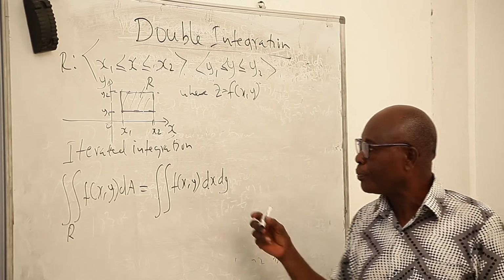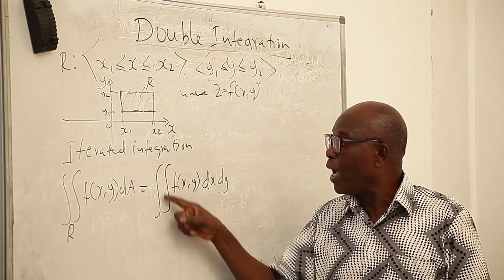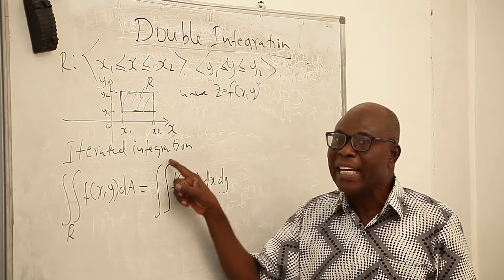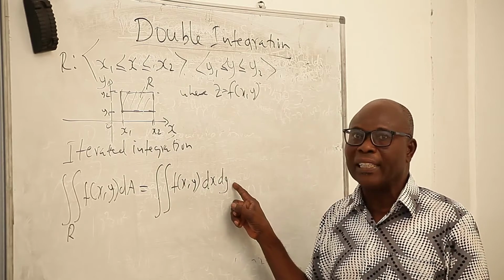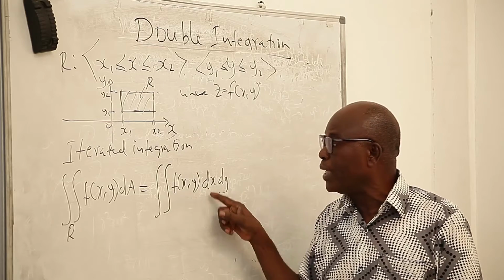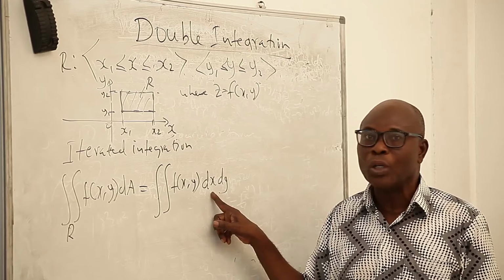With the double integral, we work within the inner integral first, before the outer. In this case, the inner integration will be with respect to x.